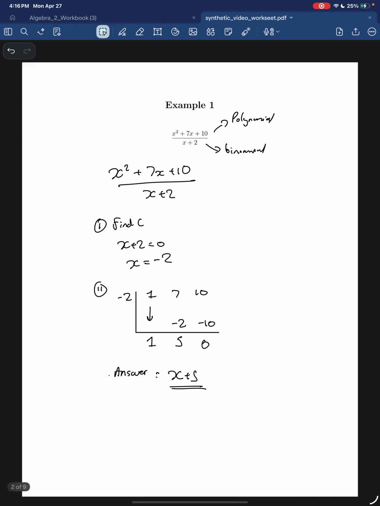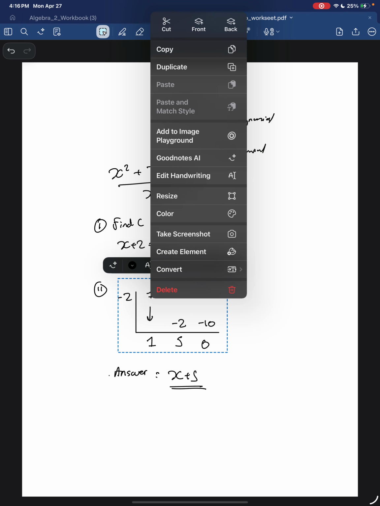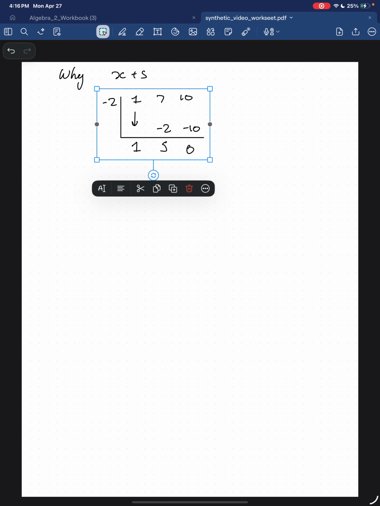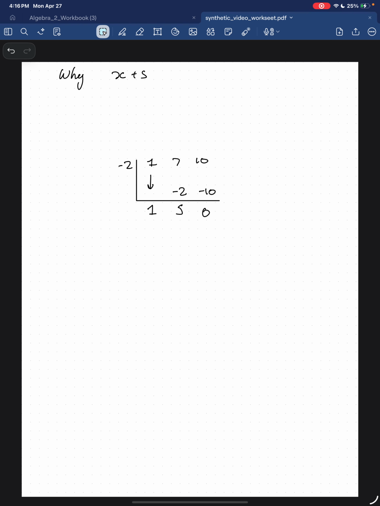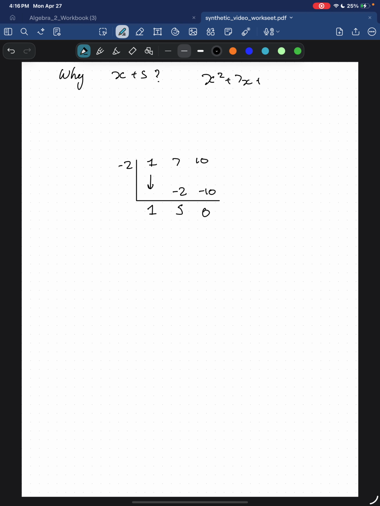So I'm just gonna copy and paste my little L-shaped thing here. This is what I just used to solve this expression, plus 10 over x plus 2. And I tell you that this is equal to x plus 5.